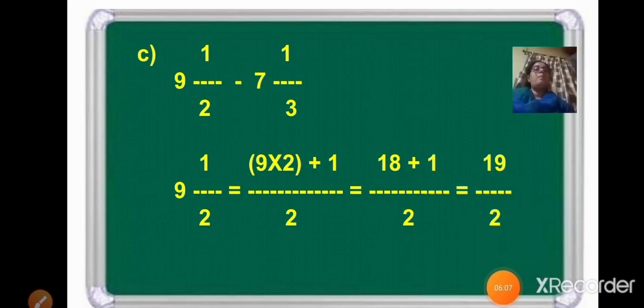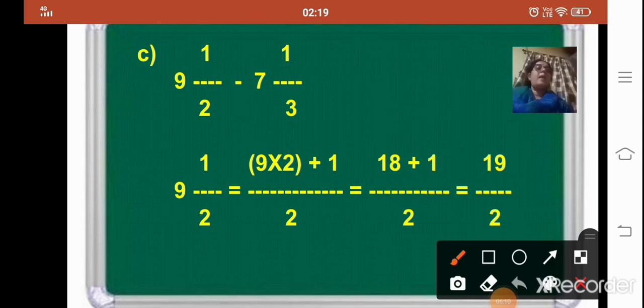9 1 upon 2 minus 7 1 upon 3. Now here again it is a mixed number. So first make it into an improper fraction. Okay. So 9 into 2 plus 1 upon 2, that is 9 2s are 18 plus 1 upon 2.